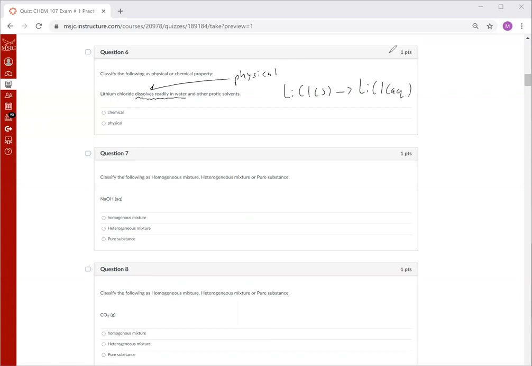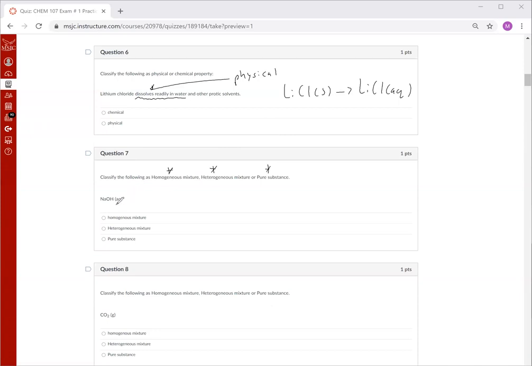Does this make sense to everyone so far? Yes. Perfect. So, continuing on, we're now classifying matter as a homogeneous mixture, heterogeneous mixture, or pure substance.